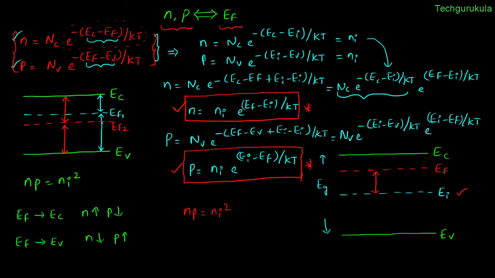But when we do problems, we will be choosing either of them depending on which one is easiest to find the answer. Similar to the previous case, let us compare: when Ef is above Ei, we can say n is greater than p, and we have seen it. And if Ef is below Ei, we can say n is less than p.